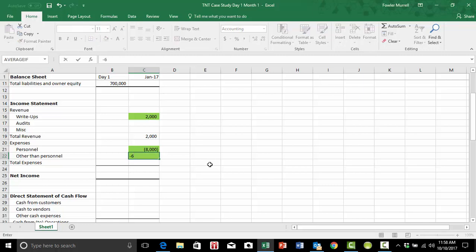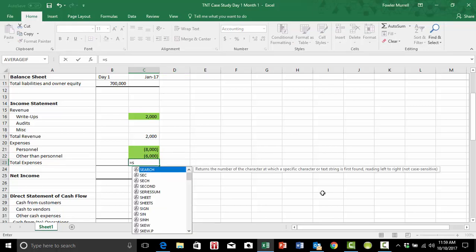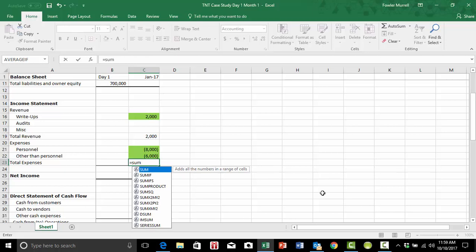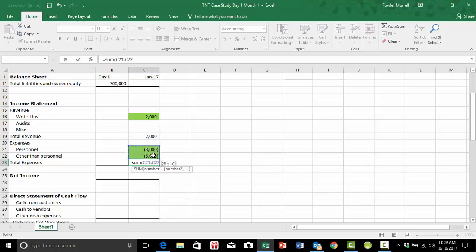So we show that as a negative. Total expenses will be the sum of those items, 14,000.